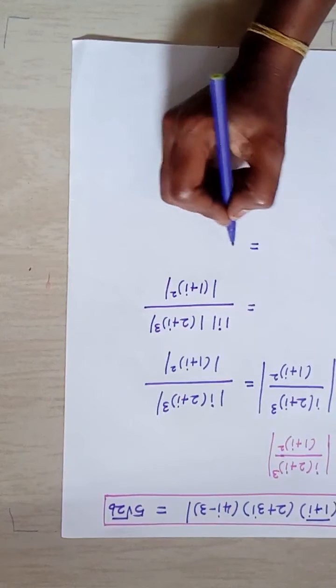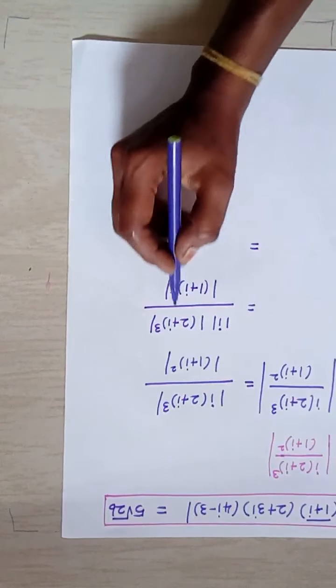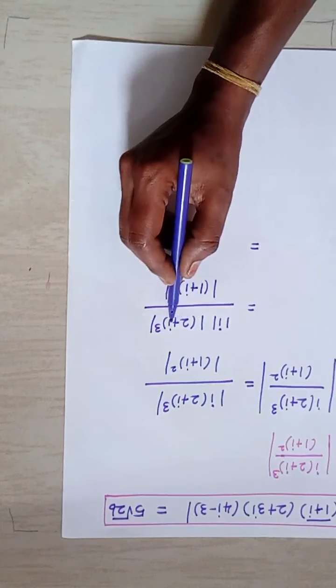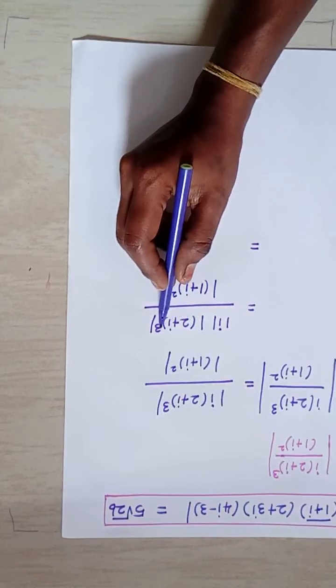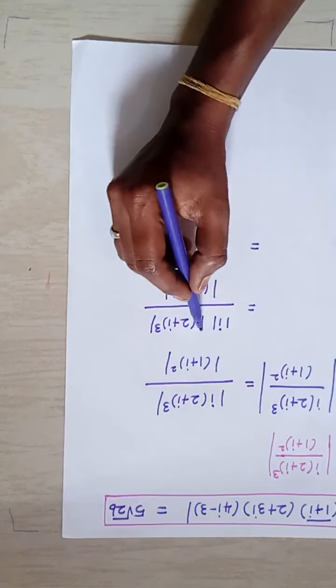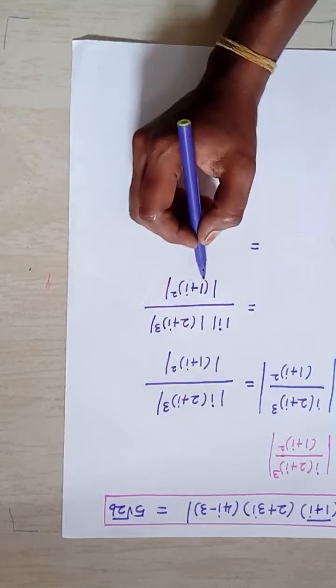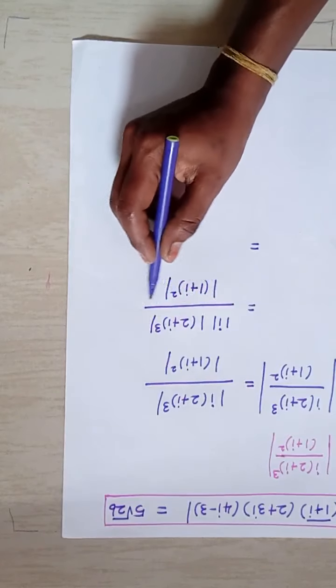Which is equal to, now here 2 plus i the whole cube, write it as the whole power 3. Here also the whole power is 2.